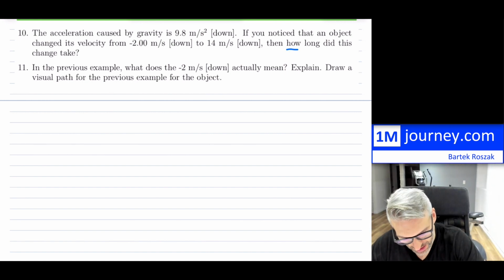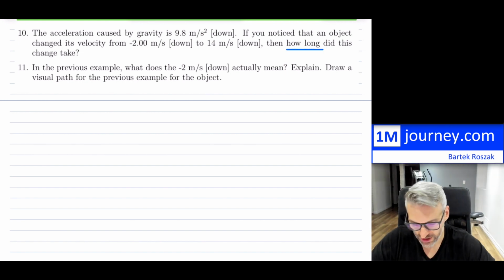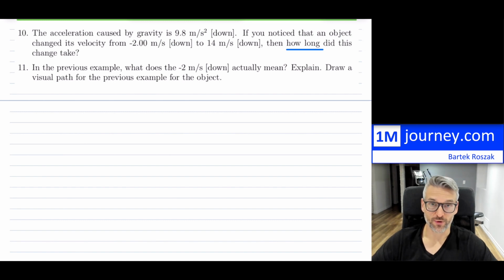The words how long mean that we're going to be looking for time. We have an acceleration that's given, and we do have the initial and final velocities given. So we're just missing our total time.